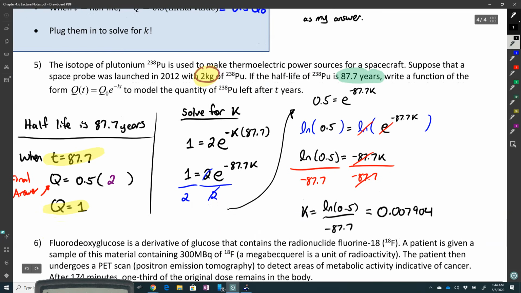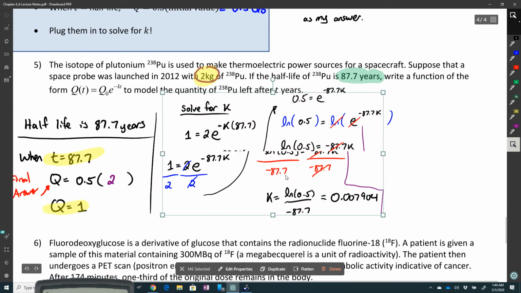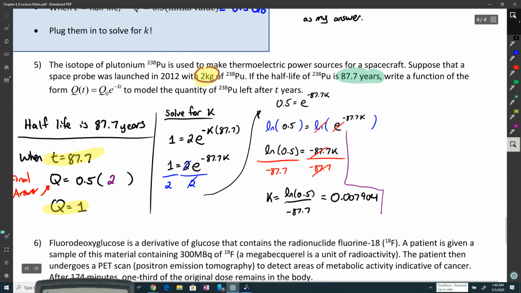So your final answer is to rewrite the equation with the proper variable. Your final formula is Q is equal to Q naught, which is 2, e to the negative 0.007904 t.